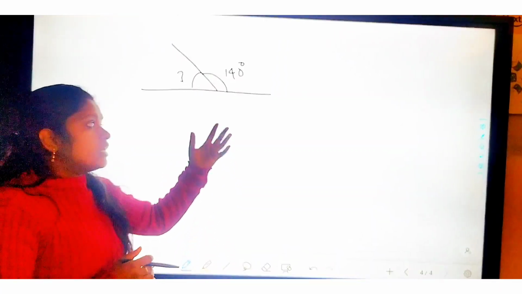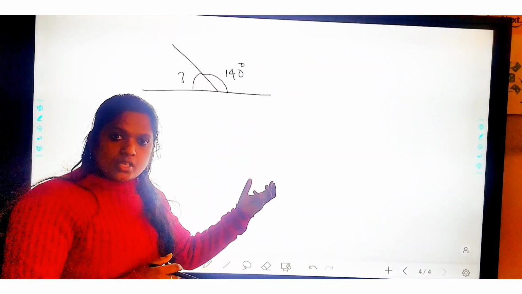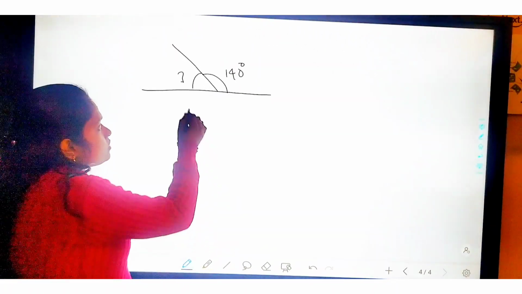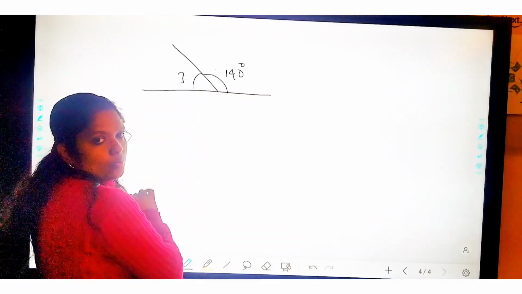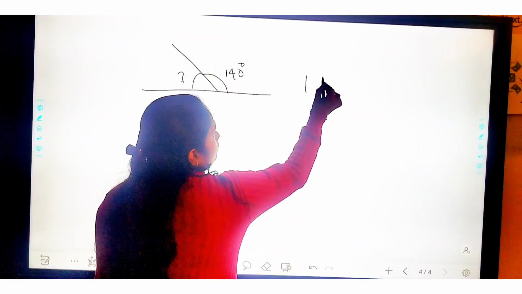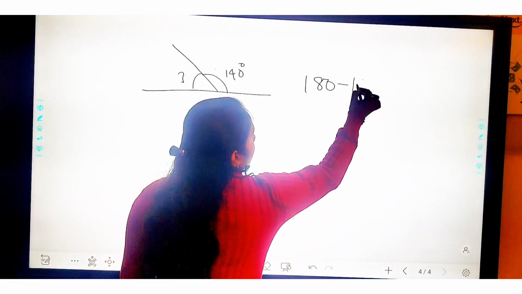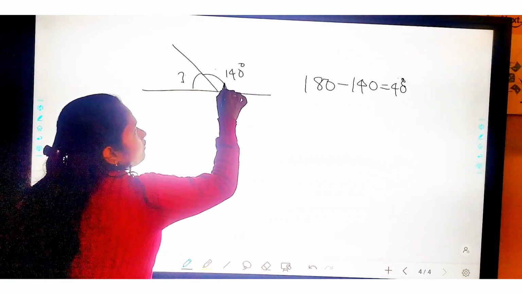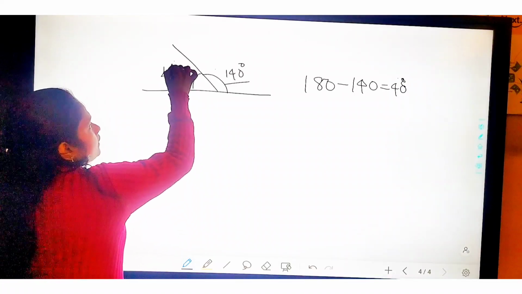If the sum of measures is 90 degree, we call them complementary angles. If the sum of measures is 180 degree, we call them supplementary angles. So 180 minus 140, that will be 40. So the supplementary angle of this one is 40 degree.